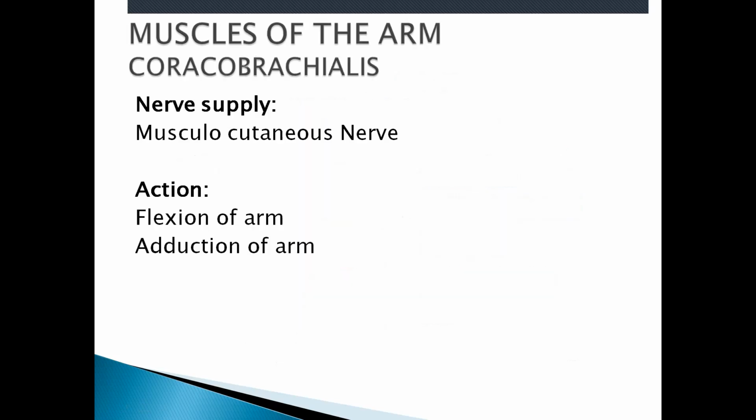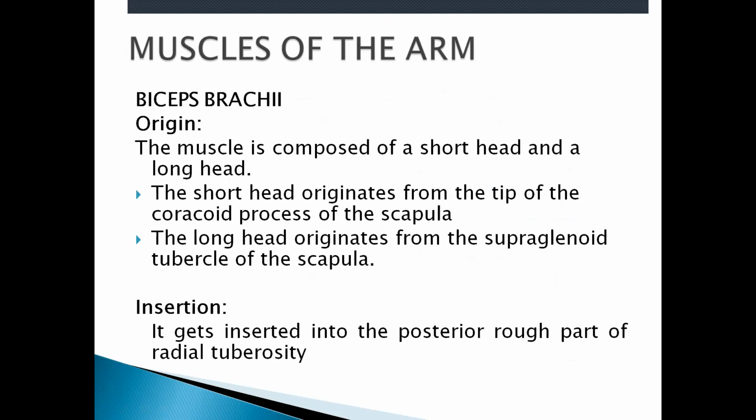The nerve supply of coracobrachialis is musculocutaneous nerve, and the action of coracobrachialis is flexion of arm and adduction of arm.